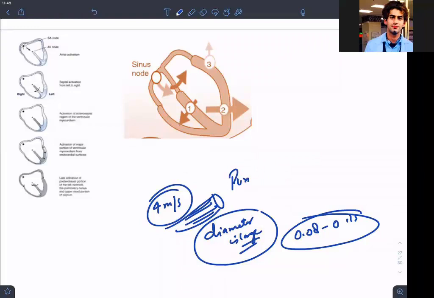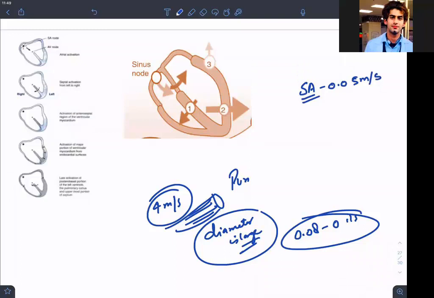Before this, can you tell me what is the conduction velocity in the SA node? Okay, let me write some conduction velocities. 0.05 meter per second is the conduction velocity in the SA node.